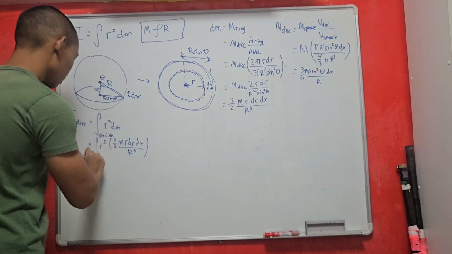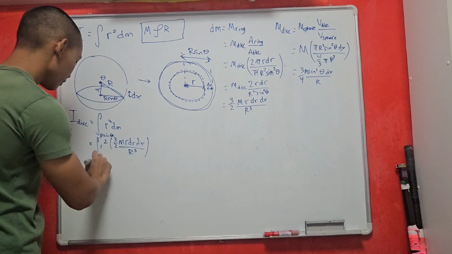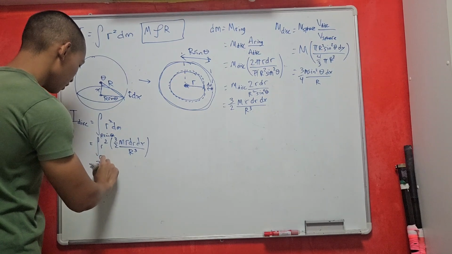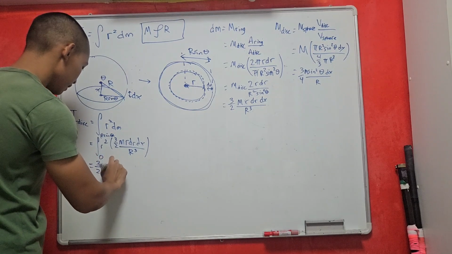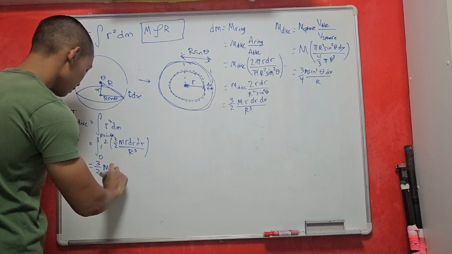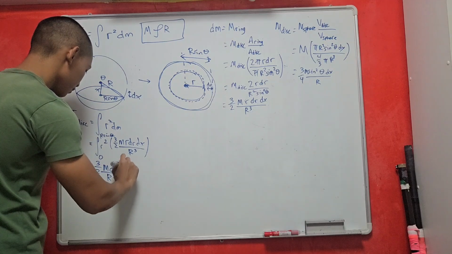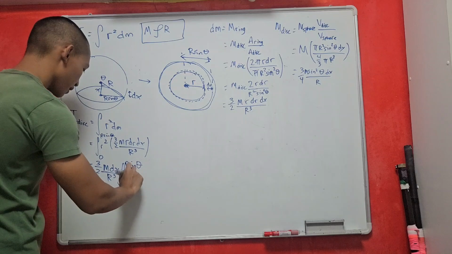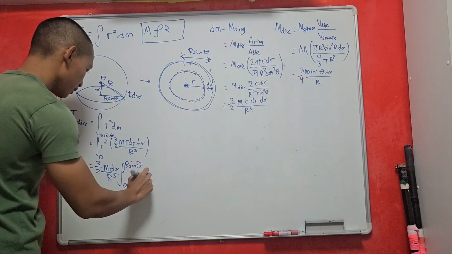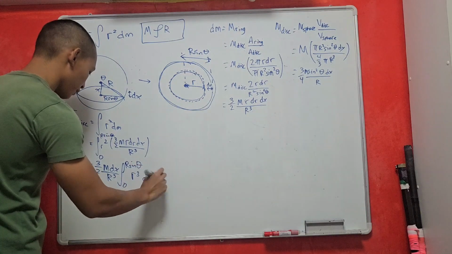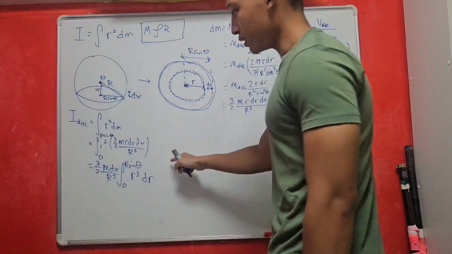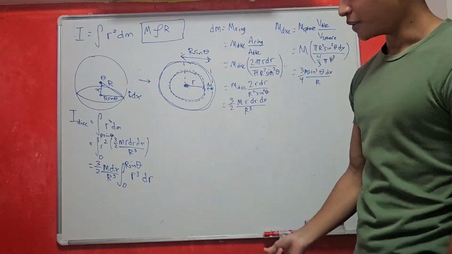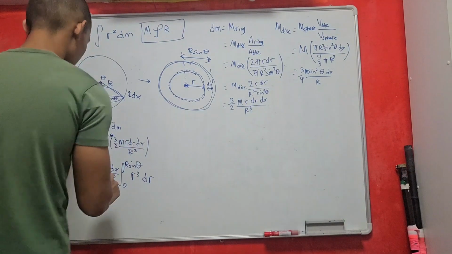And to express this more clearly, you can just write 3 over 2 m dx over r cubed, integrate from 0 to r sine theta, r cubed dr.